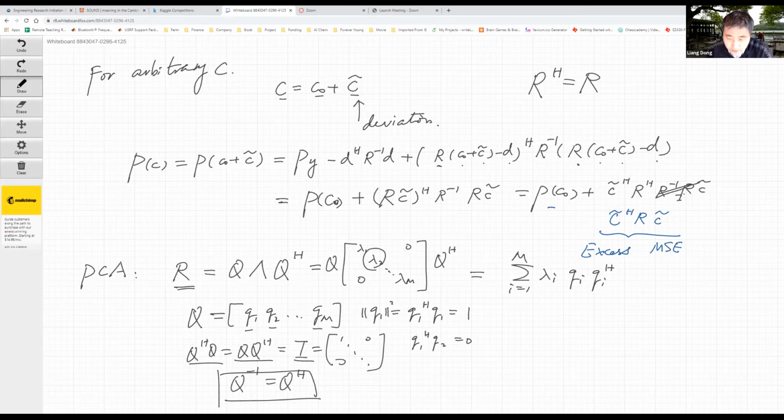For this sum, if you look at it, we have Qi times Qi Hermitian. This term is a matrix, and its dimension is m times m. However, from linear algebra, we know the rank of this matrix is only 1, because it is composed by one column vector.